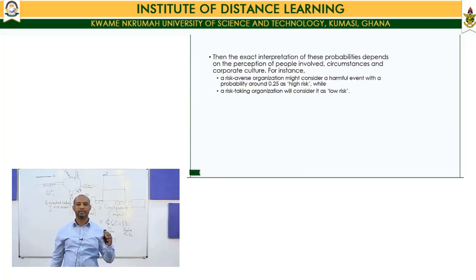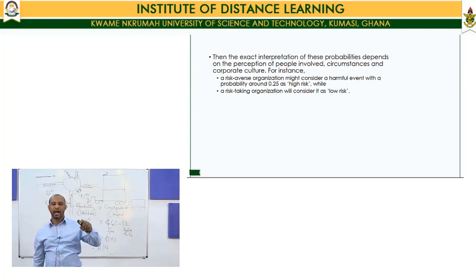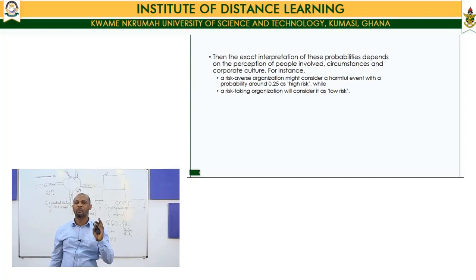Now, the exact interpretation of this probability depends on the perception of the people, their circumstance, and their corporate culture. So, for example, a risk-averse organization, that's an organization that fears risk, might consider even the 0.25 too harmful. Oh, it's too high.